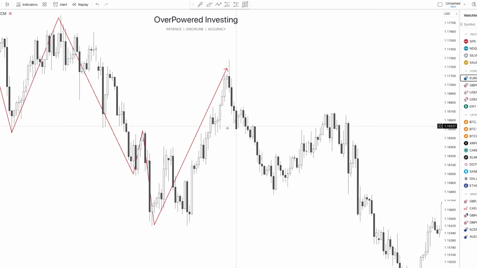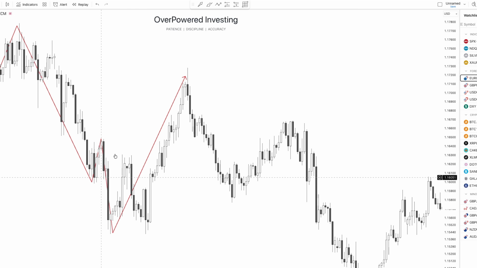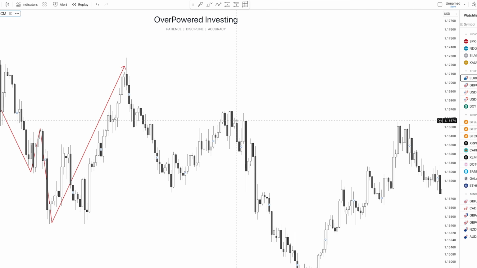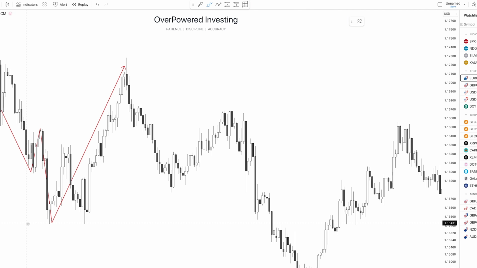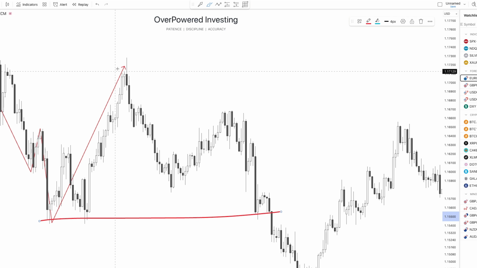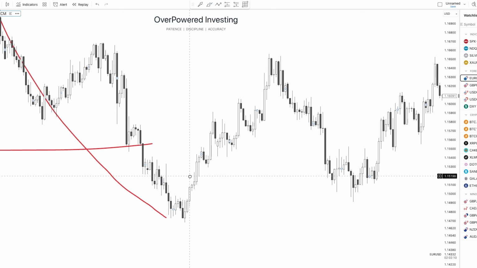The pullback is sweeping this high, but it's failing to break out to the upside. So it's basically the manipulation over here. And after that, the price is just following in the direction to the downside. So this low is keeping its trend over here. The price is just falling to the downside.